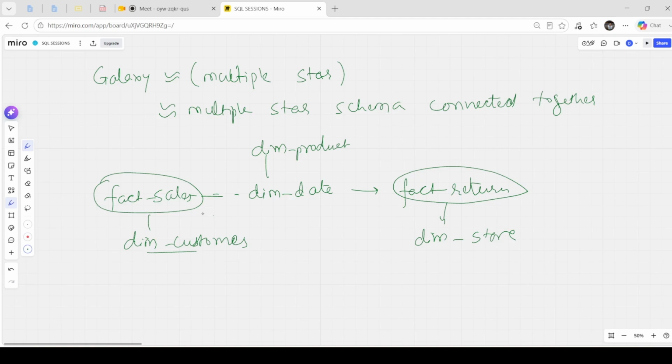Now, what is the advantage of this? You can handle broader business use cases, right? For the business metrics that they need, you can join multiple fact tables together and give them more information in the same metrics, in the same query. You can have multiple business processes, and it is useful for enterprise-level data warehousing.